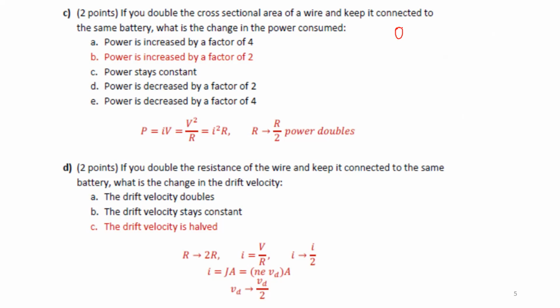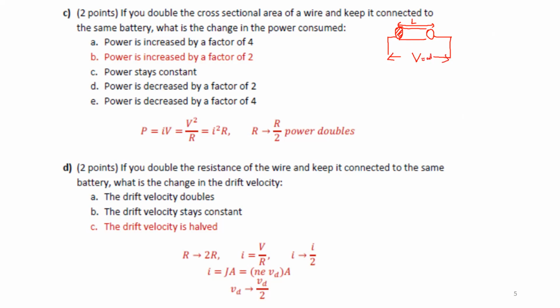So I have a wire and I have a certain cross-sectional area and a certain length made of a certain material, okay? And I connect it to what? A battery, which has a certain voltage V.